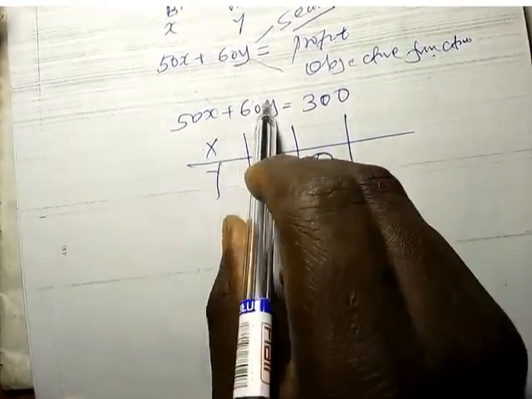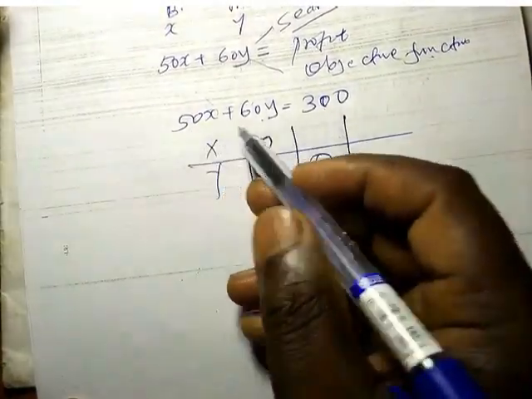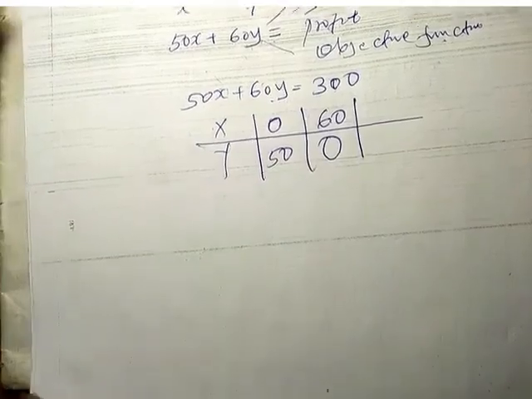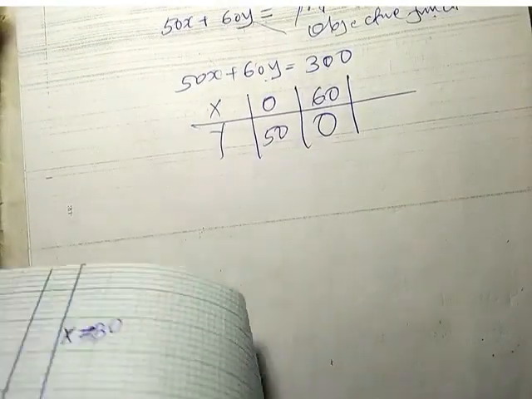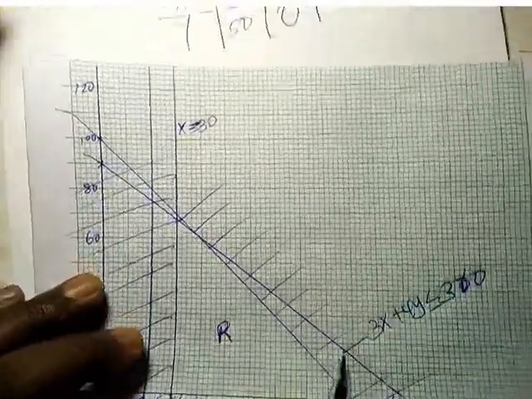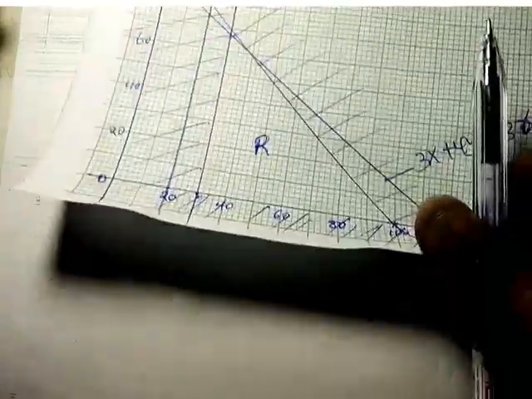When y is 0, x is 300 divided by 50, that is 60. So these 2 points will give us the search line. So we go back to our graph and we draw this line.